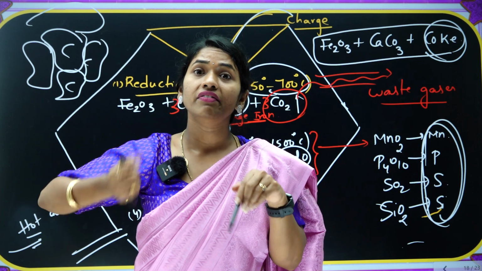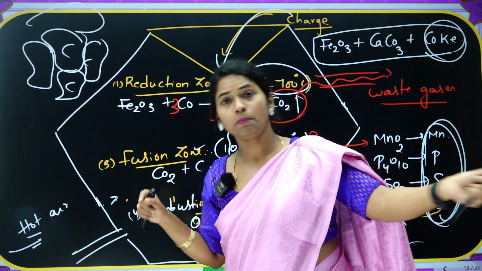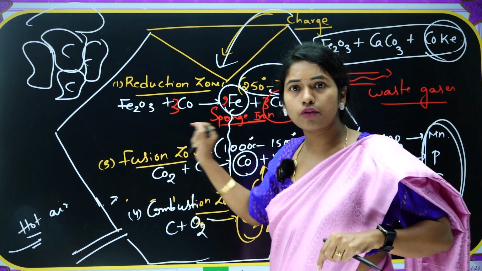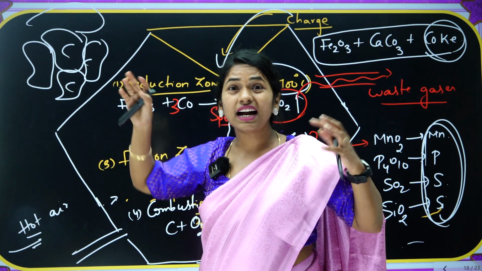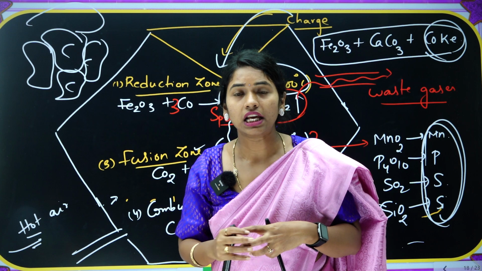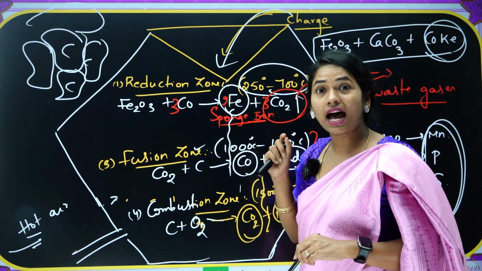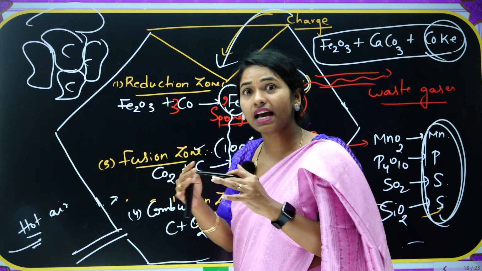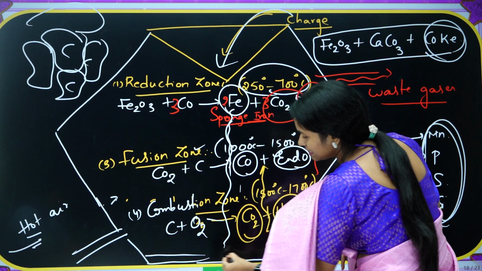Whatever is left goes and occupies the sponge iron: manganese, phosphorus, silica, sulfur, all the dirt. That iron is called pig iron. That pig iron slowly settles down.